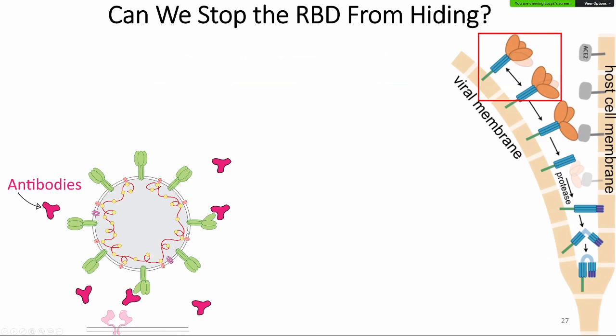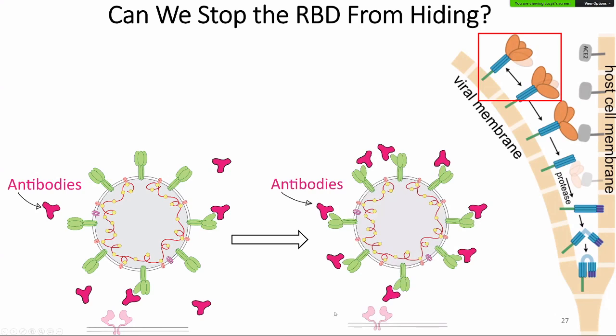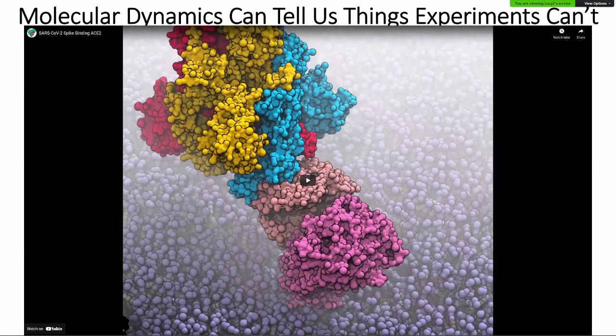Usually there's maybe only 1 or 2 or a small number of spikes that have a receptor binding domain open on the surface of the virus at any one time, right? But it's a numbers game. If we could somehow shift that equilibrium so that all of the spikes, or maybe even most of the spikes, have a receptor binding domain open at any one point, the antibodies would have a lot easier time pinning that down and neutralizing the virus before it can get into the cell.